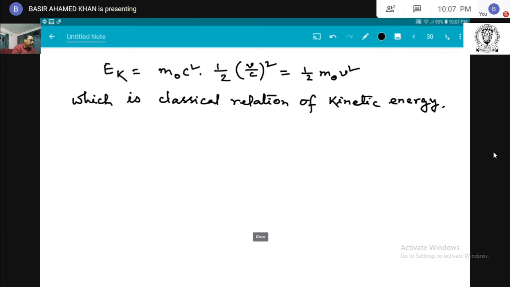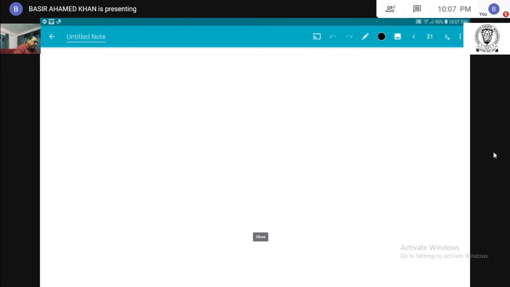Now the second point is the relativistic Doppler effect. Relativistic Doppler effect means the Doppler effect of light. We know that the Doppler effect is the change of frequency due to relative motion between source and observer. If it is sound frequency, then this is the Doppler effect of sound.